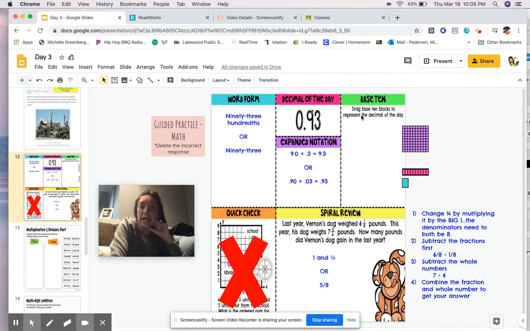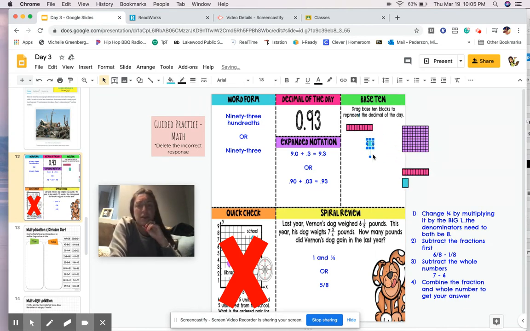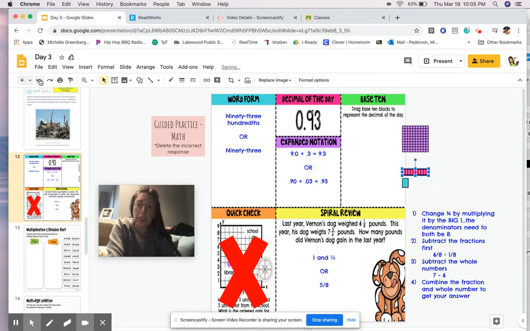Here's your base 10. Some of you were just doing this and thinking that's what it's supposed to be. No. You guys know we've done this before. I'm not letting that slide. You need to drag 9 tenths. I'm not dragging them all for you.